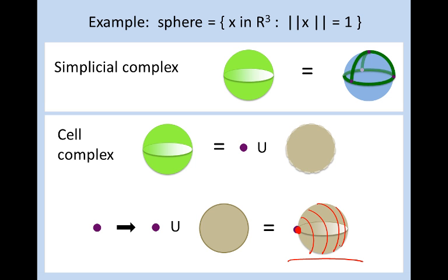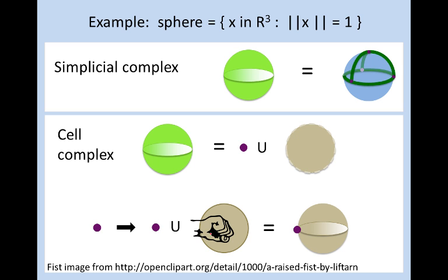To create that 2-cell, I basically just punched my 2-cell really hard, so that my 2-cell formed almost the entire sphere except for this single vertex. Note that if I remove a vertex from a sphere, I have something that is topologically equivalent to an open disk.